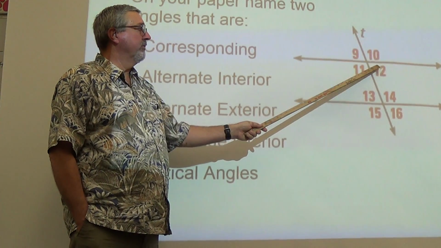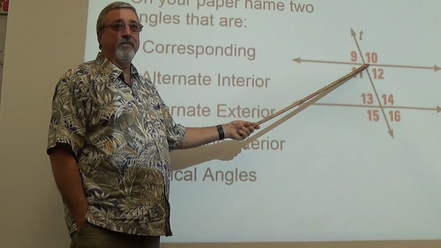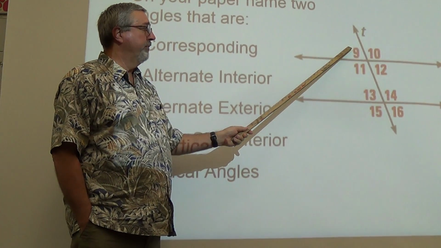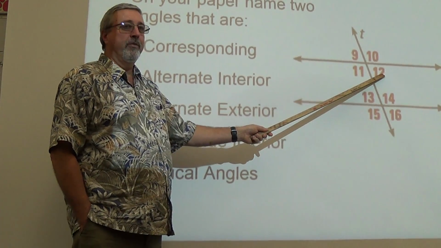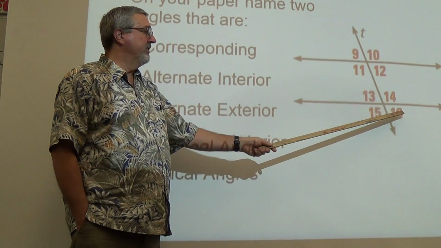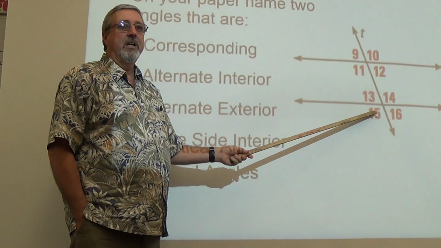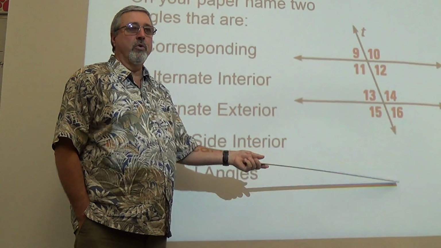That's what a vertical angle definition is. These two angles would be congruent. So 9 and 12 would be vertical angles. 10 and 11 would be vertical angles. 13 and 16 would be vertical angles. And 14 and 15 would be vertical angles. They share a common vertex, but no common sides.